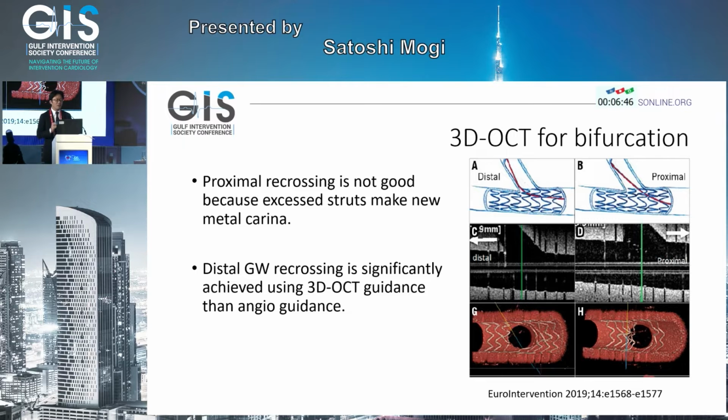The operator thinks maybe this is a distal cell. However, if we check the OCT, it is only approximately half. So we have to check the 3D OCT image if the side branch is very important.